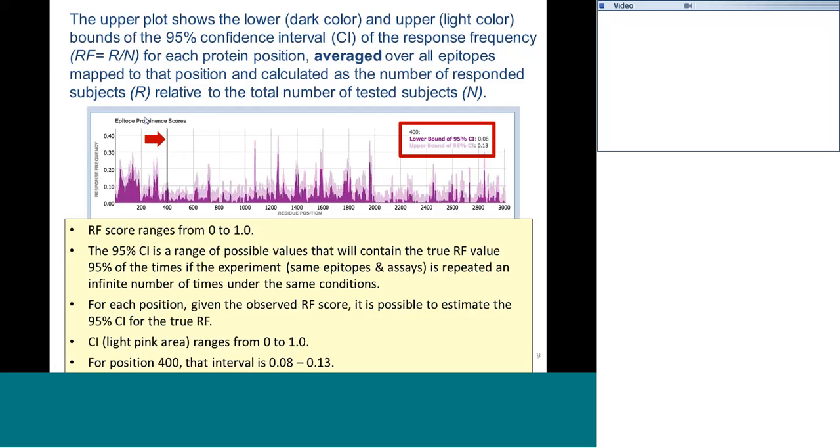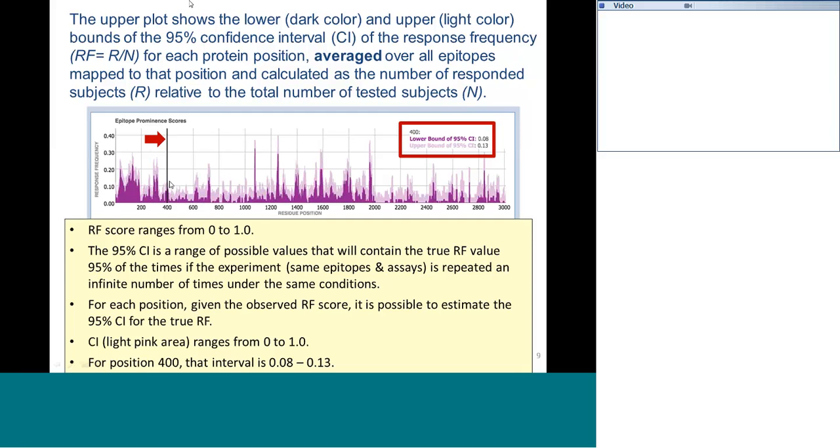The RF score ranges from 0 to 1, and that confidence interval, which you see, is a range of possible values that will contain the true value 95% of the time if the experiment is repeated an infinite number of times under the same conditions. So we expect that we have a binomial distribution where we do T-cell or B-cell assays.